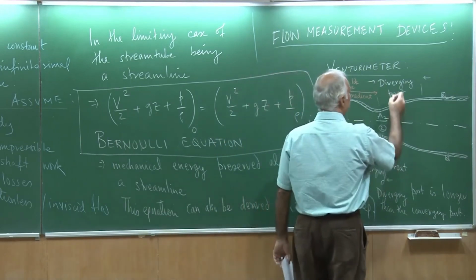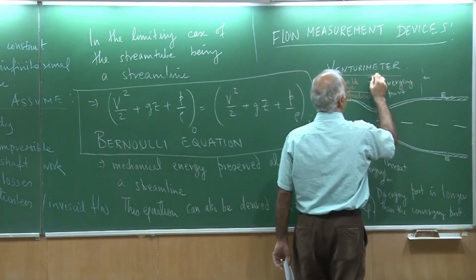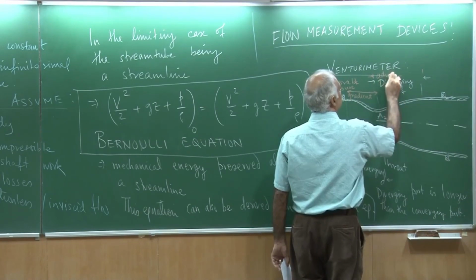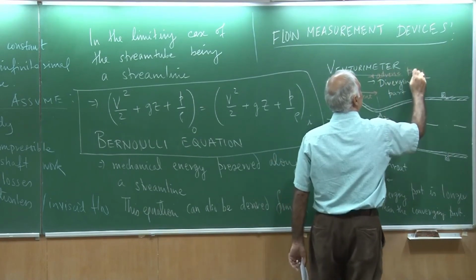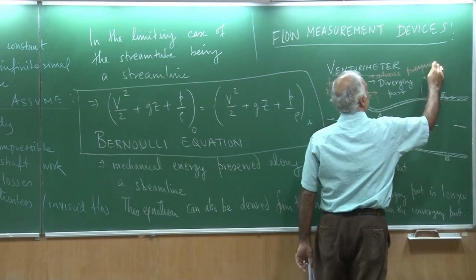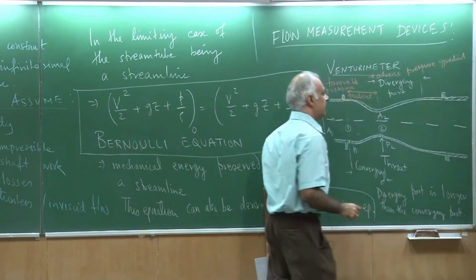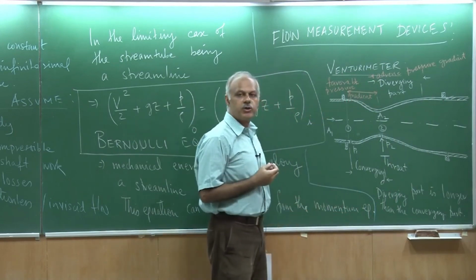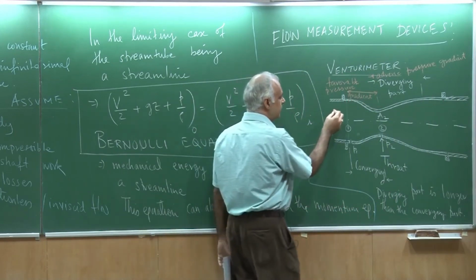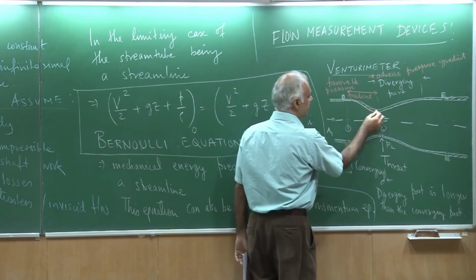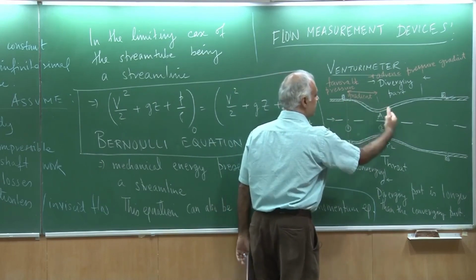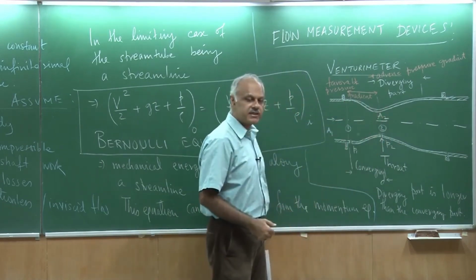On the other hand, in the diverging part, I have an adverse pressure gradient. In the sense that if I am a fluid particle, I seem to be working in a favorable pressure gradient. So the pressure is actually welcoming the reduction in pressure.